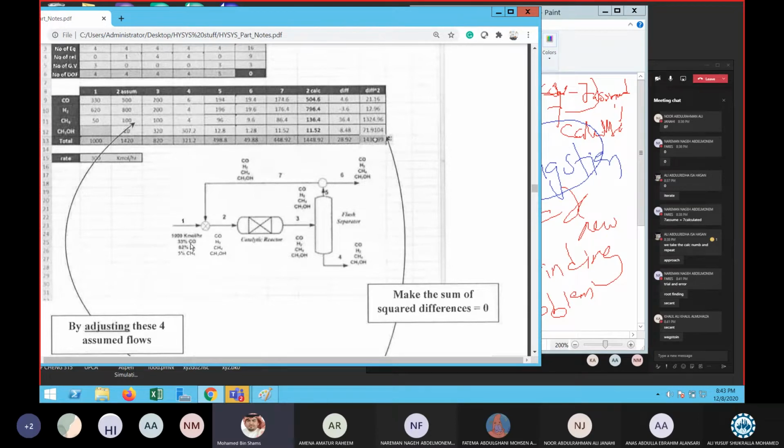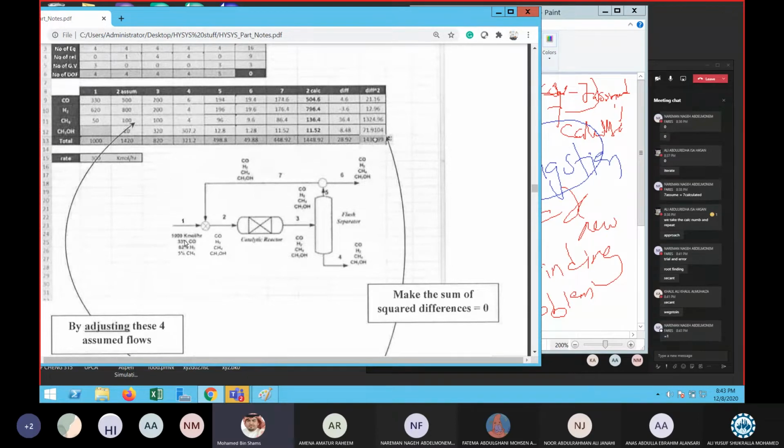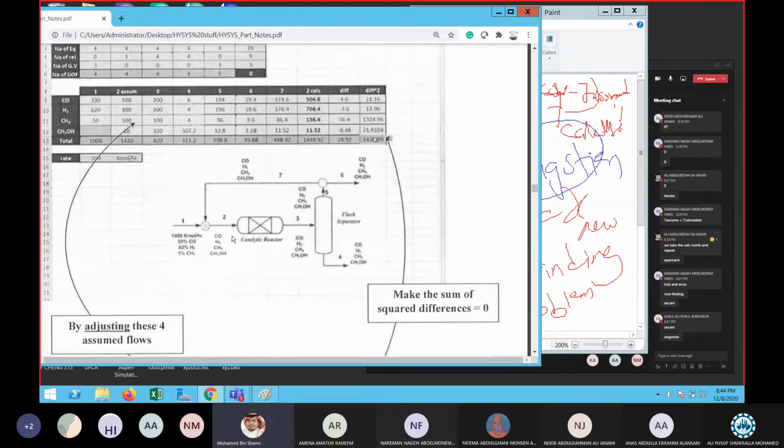So you can see that I enter here 33% of the 1,000, which is 330, and I'm adding more CO. So I can guess that the CO that goes out has a concentration higher than this because I'm adding more CO here. That's why, if I'm starting with 330, I'm going to start with a good initial guess of 400 here.